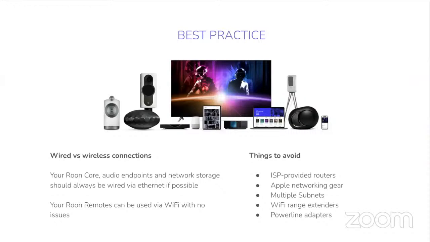That specifically means that if your music is located on another device and is being streamed over your network to your core, maybe you're using a NAS or storing your music on another PC, we highly recommend that that device is not connected via Wi-Fi. Instead, it's better if that device is connected via Ethernet and can stream that music directly to your core, which is also connected to the Ethernet.